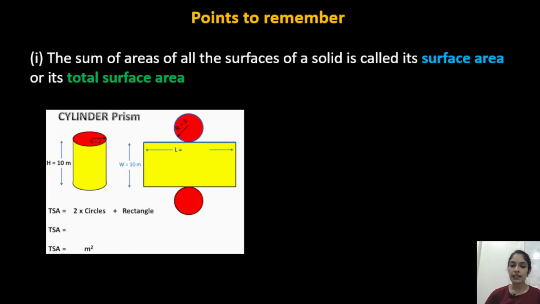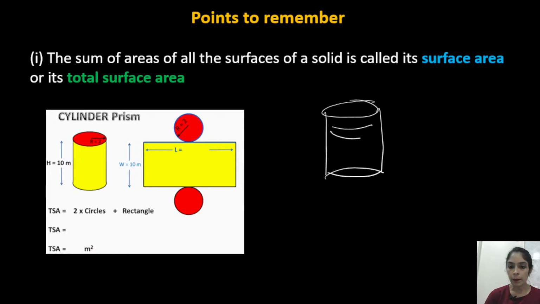See, surface area is a surface. Now you can see with the example I'll explain you. Suppose, I told you three solids we are going to study. So one of the solid is cylinder. So cylinder looks like this. So cylinder has how many surfaces? You can see one rectangle.